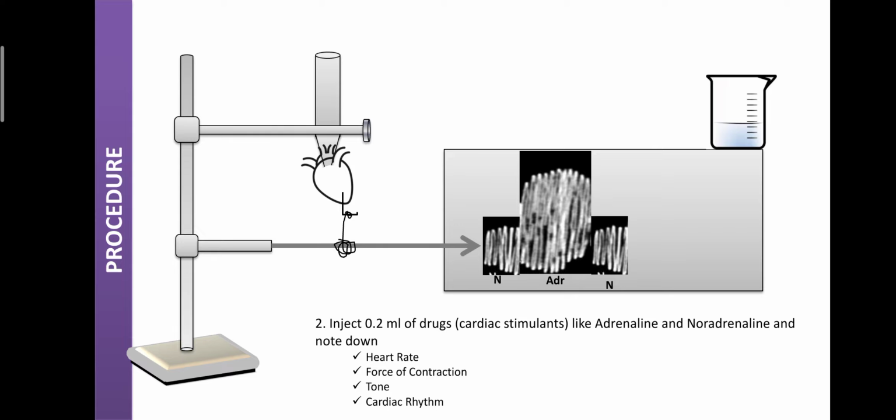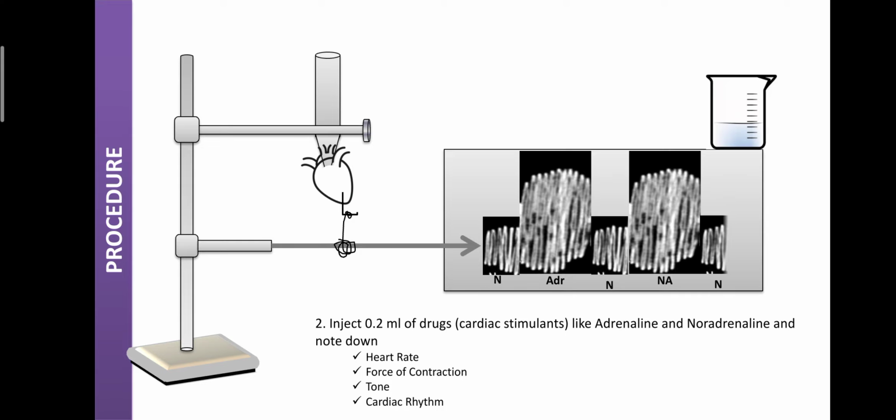After that, once again inject 0.2 ml of noradrenaline and note down the heart rate, force of contraction, tone and cardiac rhythm, wait for 15 minutes for washout, then record the normal response without any drug for 1 minute. Each response, with drug or without drug, is recorded for only 1 minute, but the washing period is 15 minutes.